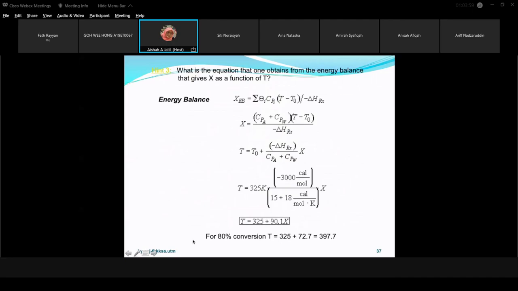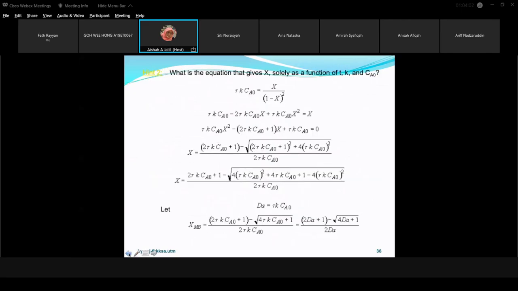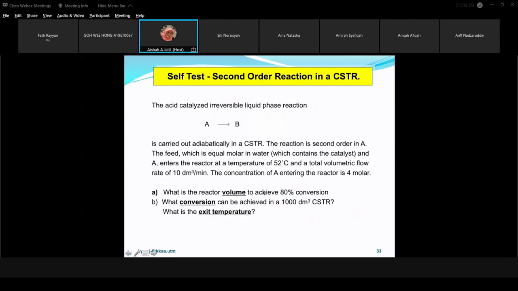The T. Then you can calculate the K, and then the V. So it's not compulsory to follow the order of the question. Here you get the T first, then calculate the K, and when you get the K, you can calculate the V. So T, K, and then V. Can you understand what I mean?